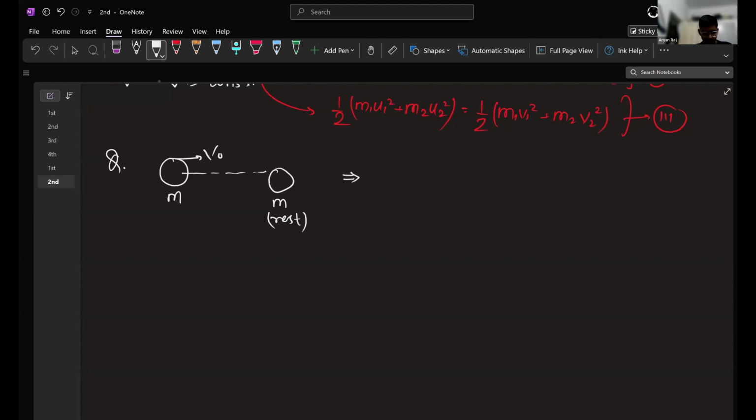The first one moves in this direction at an angle theta with a velocity v, and the second particle moves in this direction at an angle of 45 degrees.